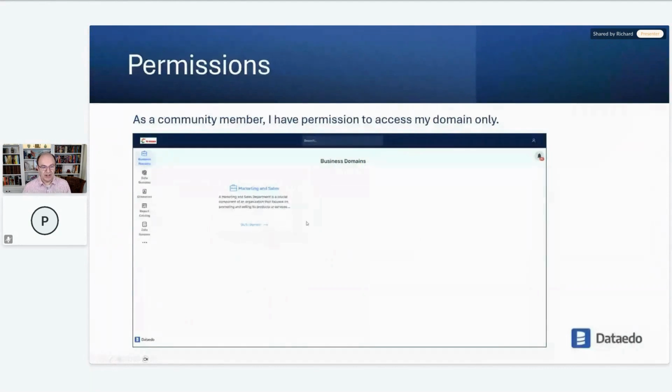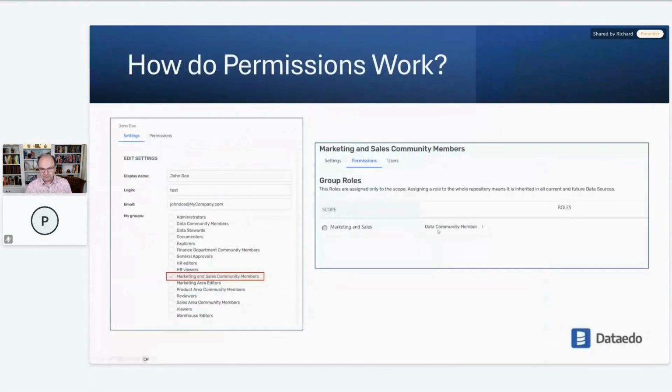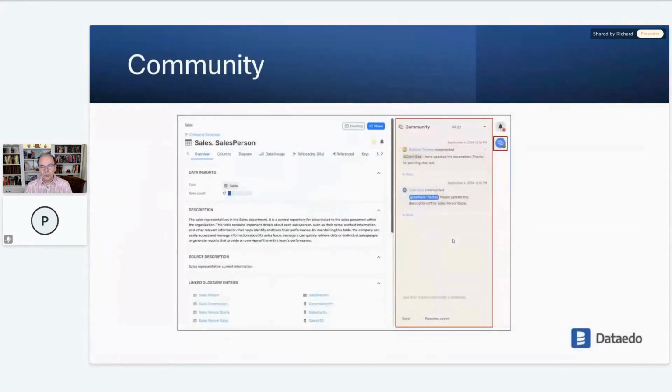This is John's account, so he sees only that, and it guides him directly to where he needs to be. Now, regarding the permissions, they can do whatever is appropriate for that level. You could have multiple groups here at different access levels. Regarding the community member specifically, that gives these users the ability to interact with the catalog. They're not editors.